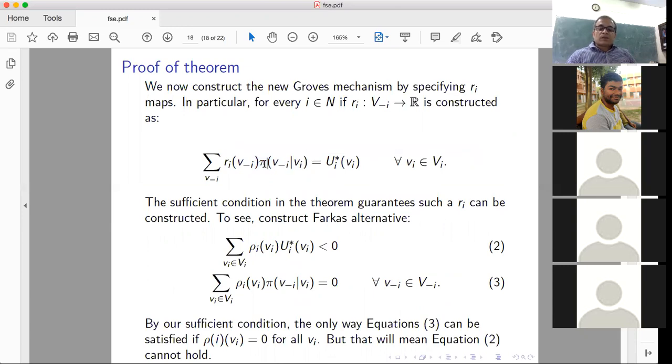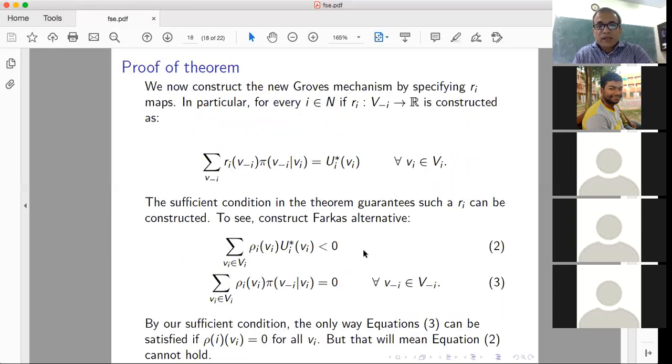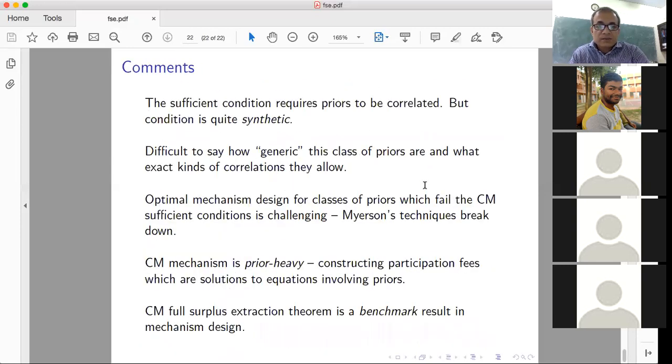So it's quite prior heavy. Even if I know that the priors satisfy this condition, to construct the mechanism which can extract the surplus, the designer needs to have a lot of information about the priors. In that sense, it's a prior heavy mechanism.